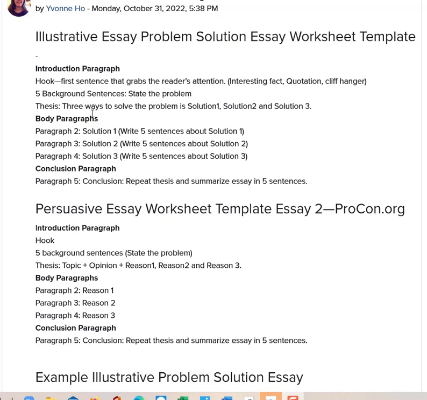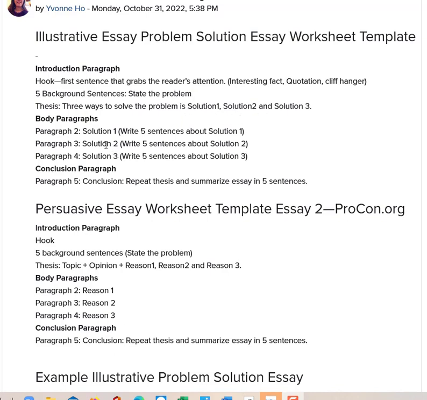Then, in your thesis statement, you're going to present 3 solutions. So remember, your thesis statement is the main idea of your essay. And so the thesis statement should encapsulate or summarize everything that's going to be in your body paragraphs. For your thesis statement, 3 ways to solve the problem of obesity is, and then you write solution 1, solution 2, solution 3.